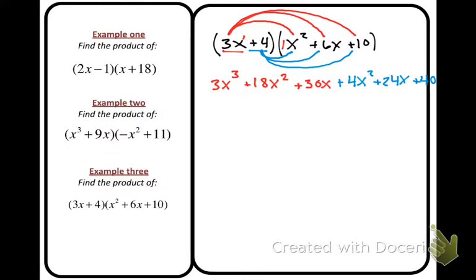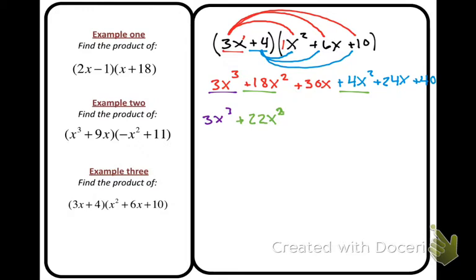Okay. Now we go on to combining our like terms, and you want to start with the highest exponent. So the highest exponent we have is that x cubed there, and there's no other x cubed, so we just go ahead and bring that down. 3x cubed. Now we look for x squareds. We have 18x squared here, 4x squared here. 18x squared plus 4x squared gives us 22x squared.